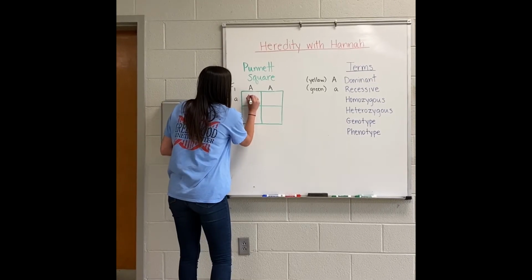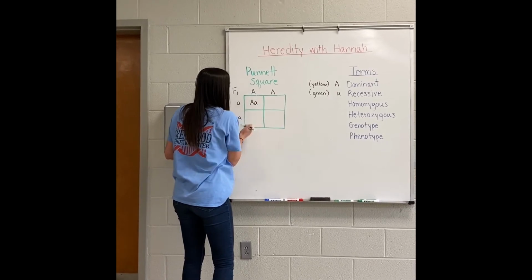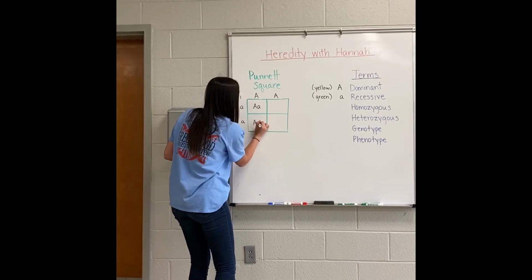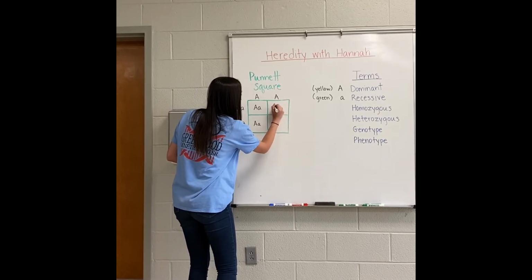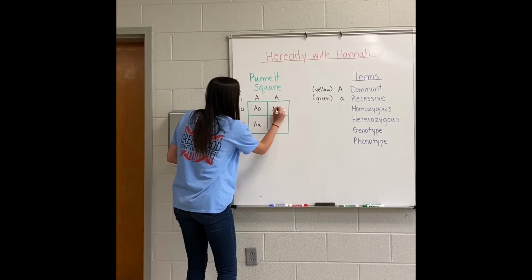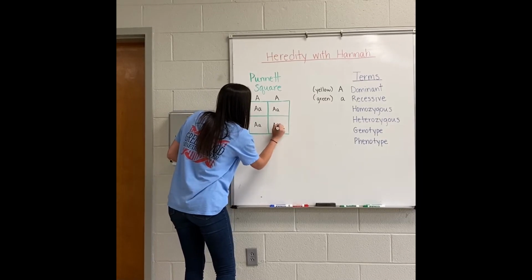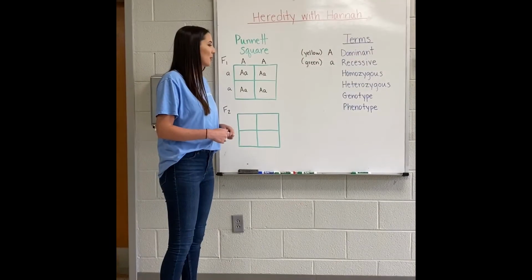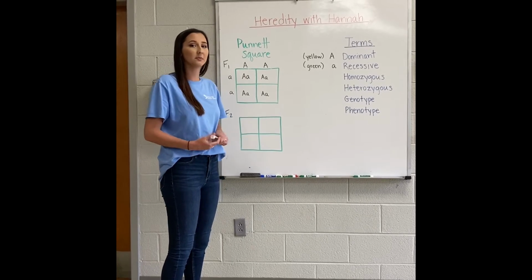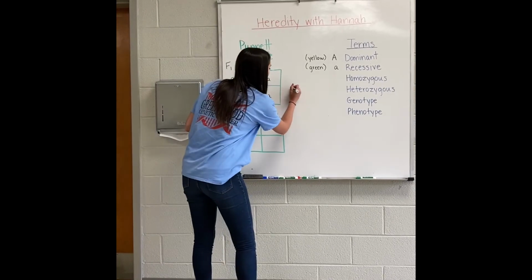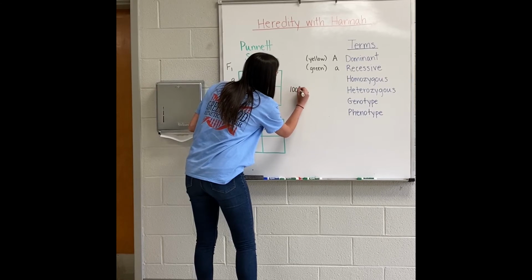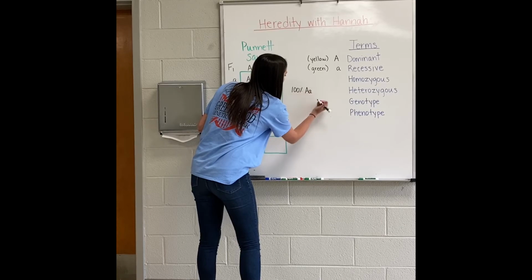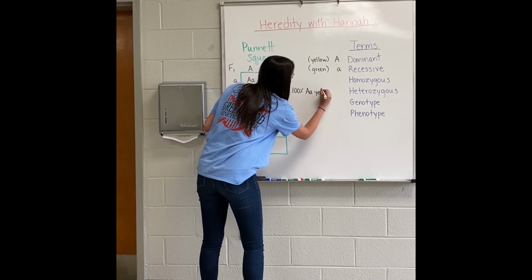So you get an uppercase and a lowercase letter here, an uppercase letter and a lowercase letter here, uppercase letter and a lowercase letter, uppercase letter and a lowercase letter. So if we wanted to write out the probability of all of these plants being yellow, we would confidently say that 100% of the progeny would be uppercase A, lowercase a, and yellow.